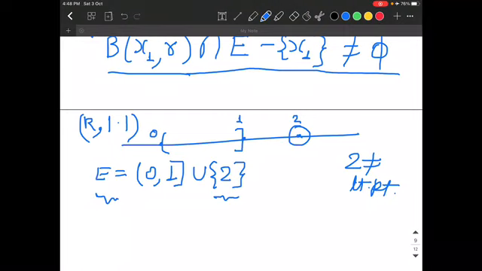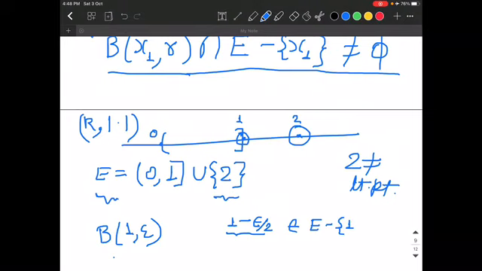Yes, we take any small ball B(1, epsilon). The point 1 minus epsilon by 2 belongs to E for every epsilon.